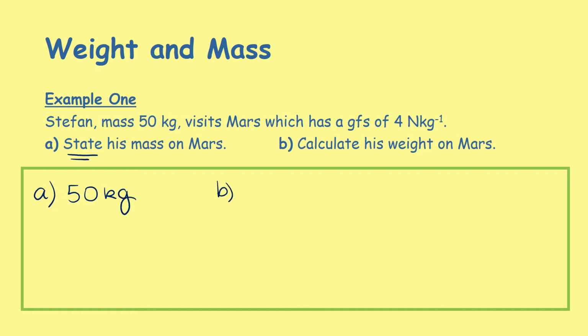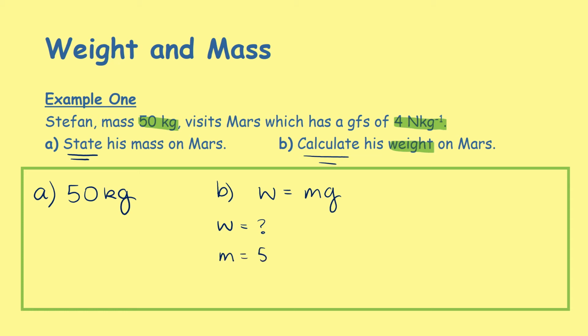For part B, the question says calculate, so we know we're going to have to use an equation, and we have to calculate weight. So having a look at the question, we have a mass, we have a gravitational field strength, and we want to calculate a weight. So we want to use the equation W equals mg. Our weight has a question mark.